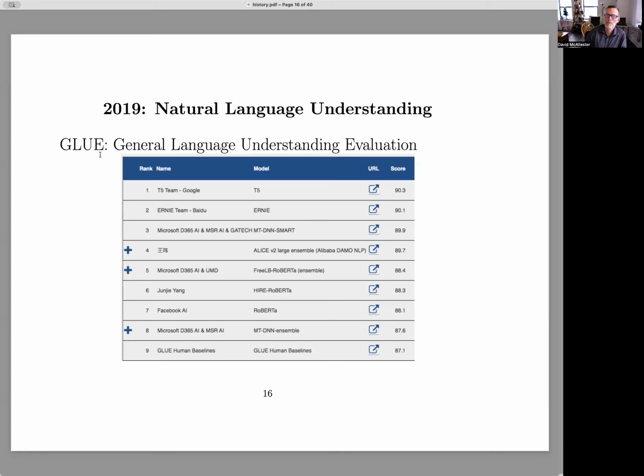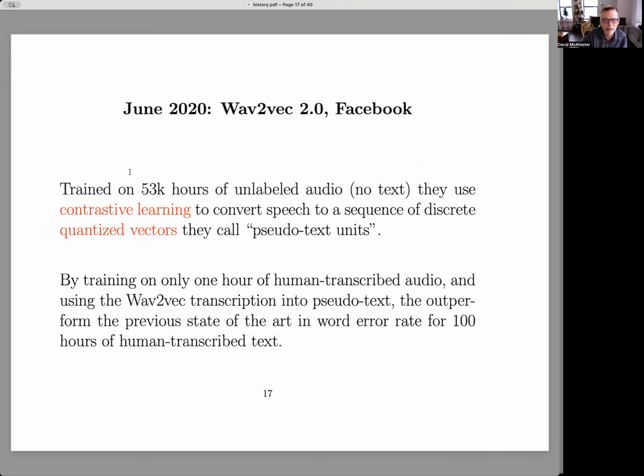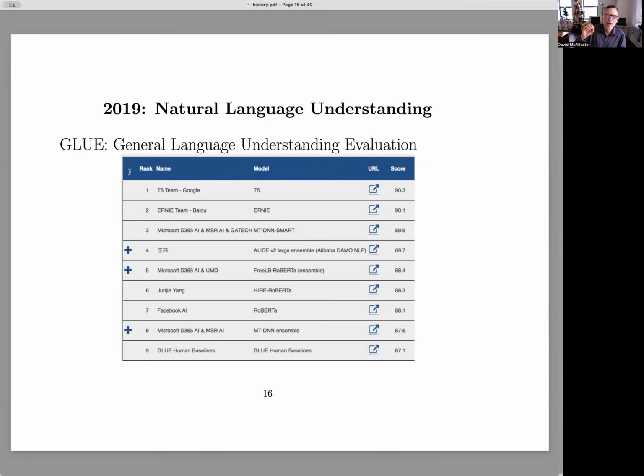I'll think of an example, but there was this benchmark. And at this time, 2019, basically what happened is that all of these benchmark problems got basically solved essentially to human performance levels. And they were solved by pre-training on language and then fine-tuning on whatever the task was, entailment or parsing or the Winograd problem.